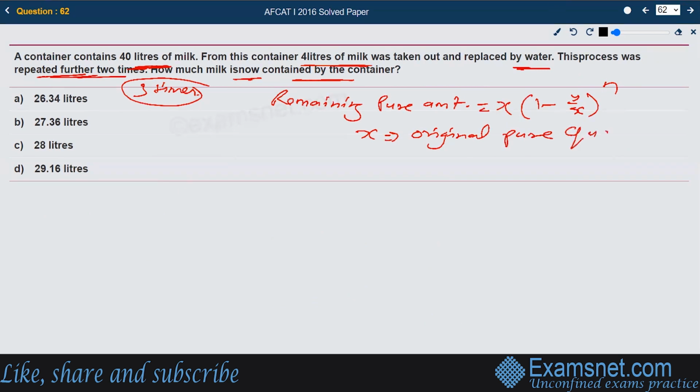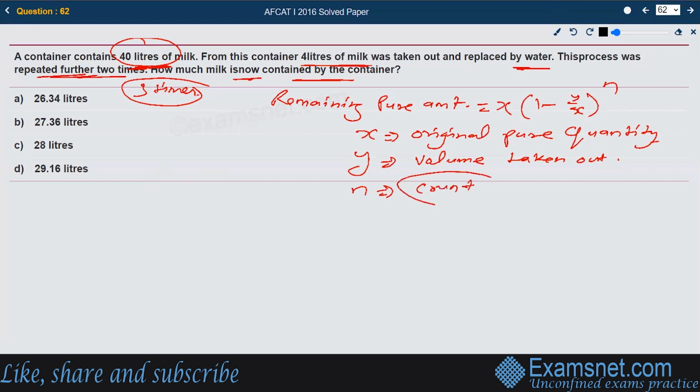For this case, the original pure quantity was 40 liters. What is the y value? Y is the volume that is taken out repeatedly. So for this case, y is 4, and n is the count, how many times this has been done. For our case, it is 3.